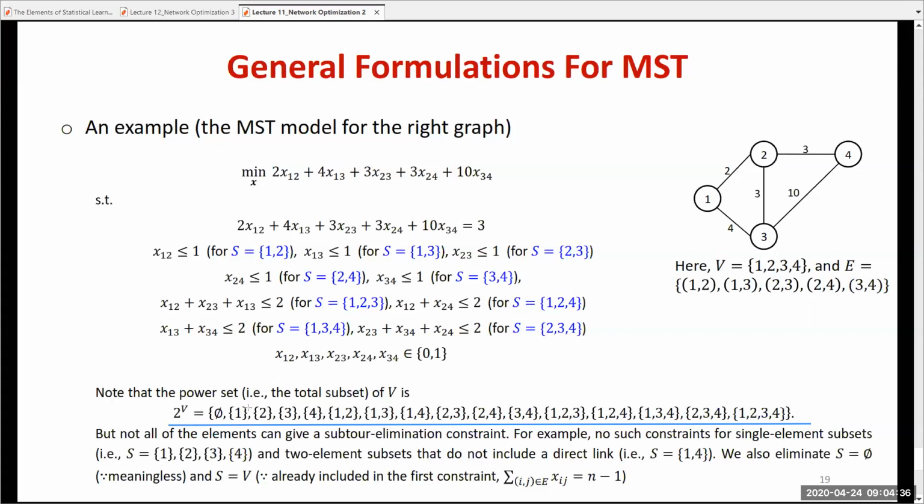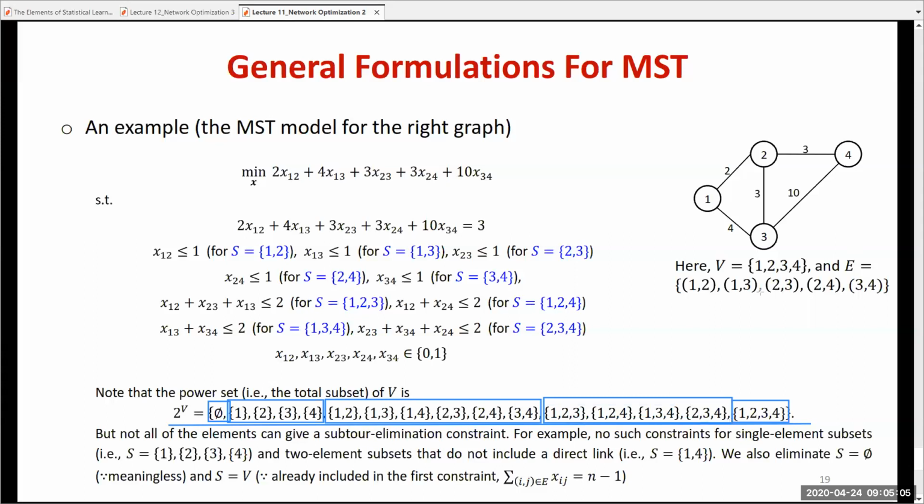This is all the possible combinations. For example, a subset of V can be the empty set, or it can be V itself. And these are the sets including 1 element, 2 elements, and 3 elements.